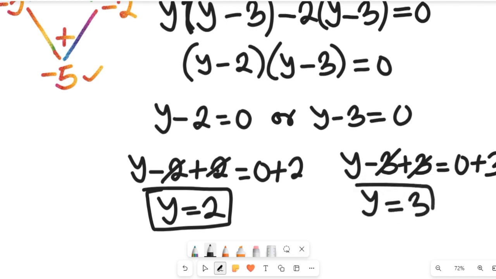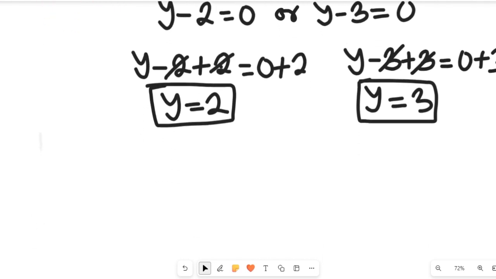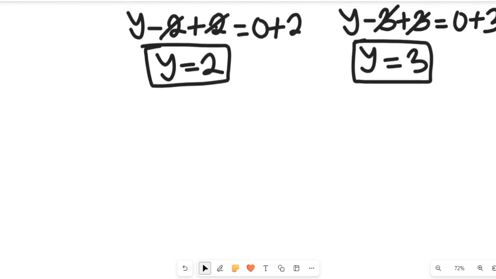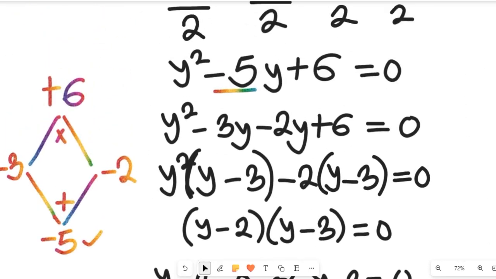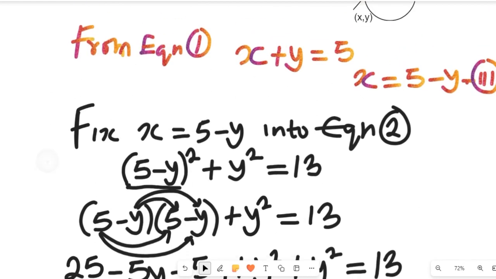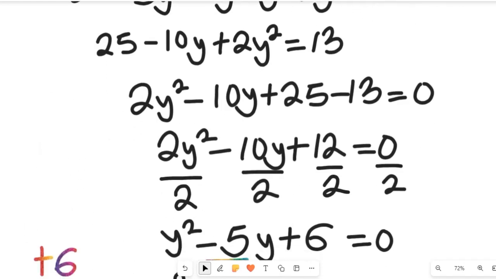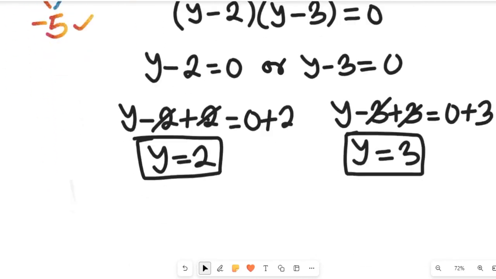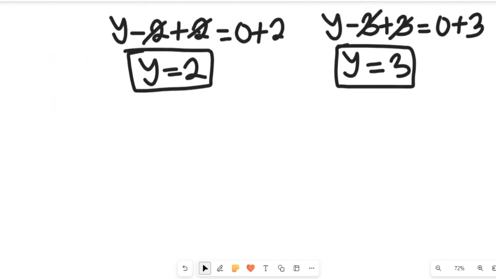Great. So the two solutions are y equal to 2 and y equal to 3. So that's the value of y. Now remember that expression we had earlier from equation 3: x equal to 5 minus y. From that expression, we can simply get the two values of x.